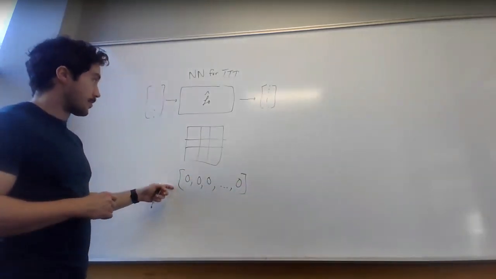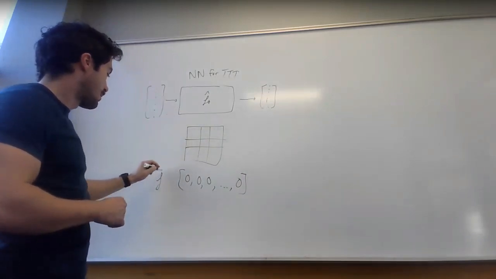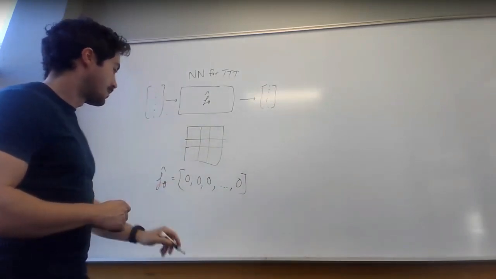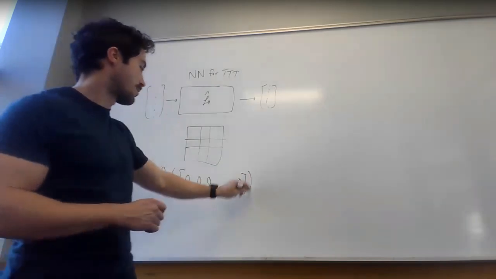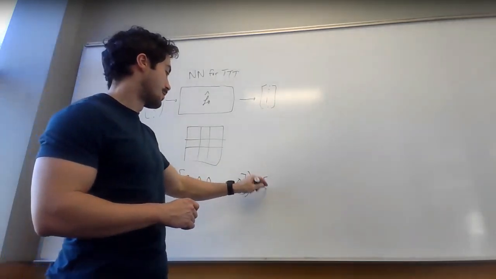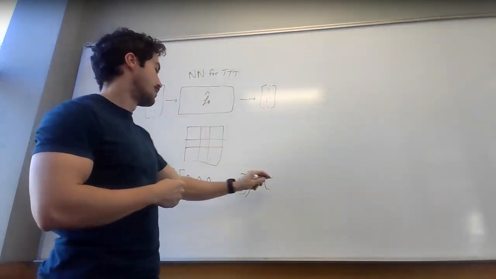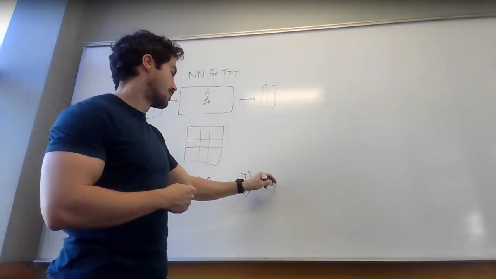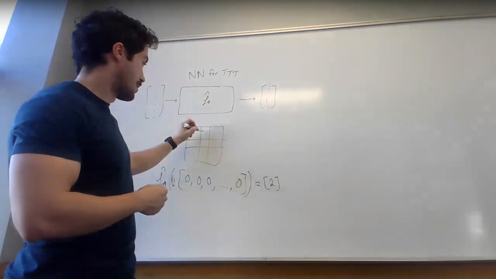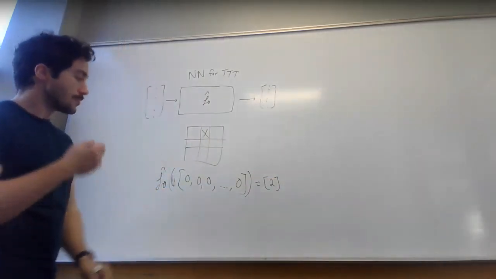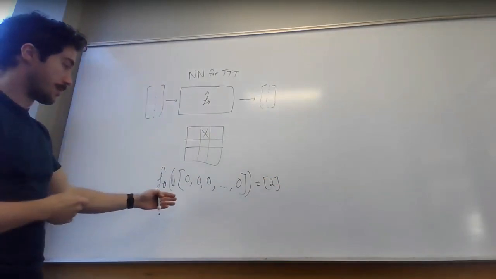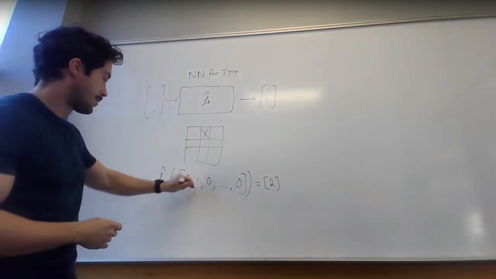And then this goes into the neural network. Plug that in, and you get out some kind of number somewhere between 1 and 9. So maybe 2. That would be X plays at position 2. Then the state would update, and this would become 1.